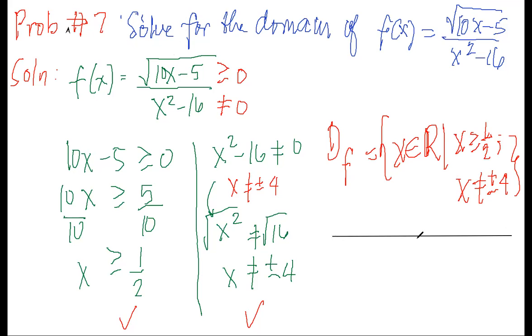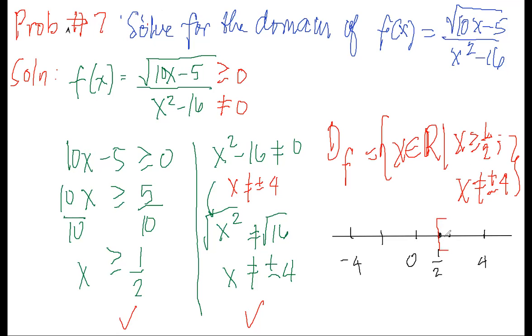So let's plot the points on the number line. Let's say this is 0, this is -4, this is 1/2, and this is 4. So let's sketch the points. Now here x is greater than or equal to 1/2.